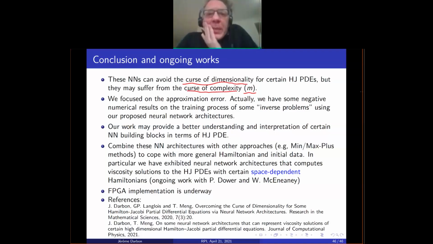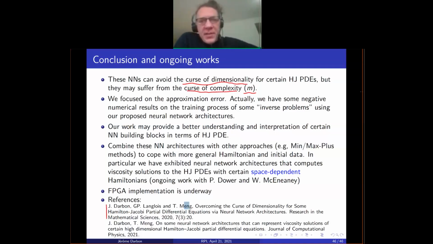So far, in this presentation, we only focused on the approximation error of the solutions, meaning here actually the error is 0. Now, you may want to consider learning the Hamiltonian and the initial data from observed data. And we did that in the first paper.